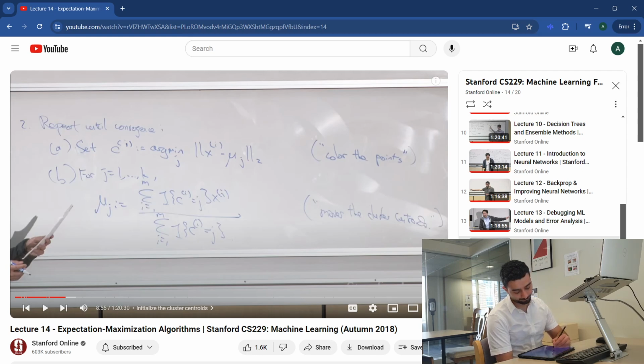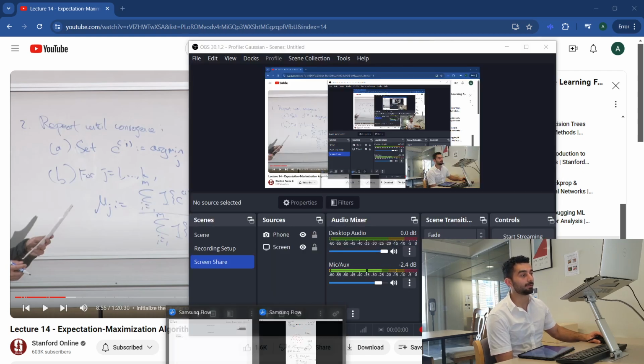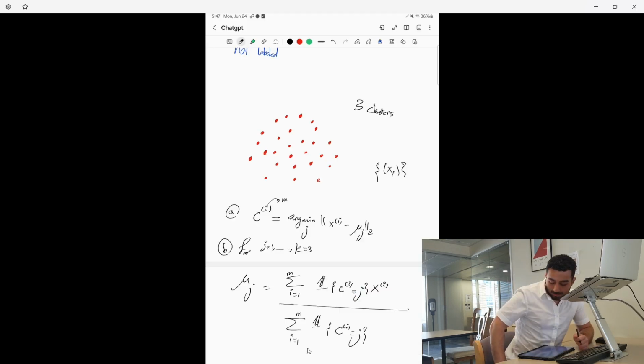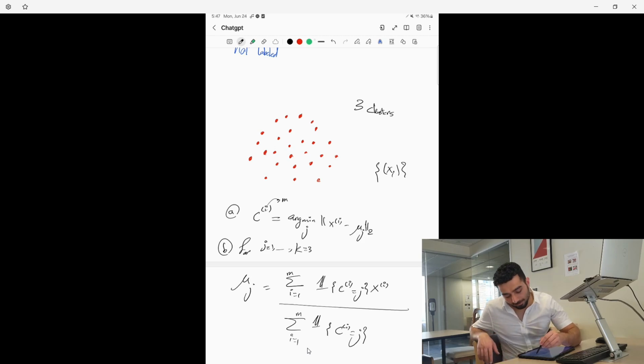The sum for i from 1 to m, with ci equals j, of xi, over the count from 1 to m. Right. Let's see what it means here. So we have 3 points, right? We have this one, this one, this one as our mu1, mu2, mu3.